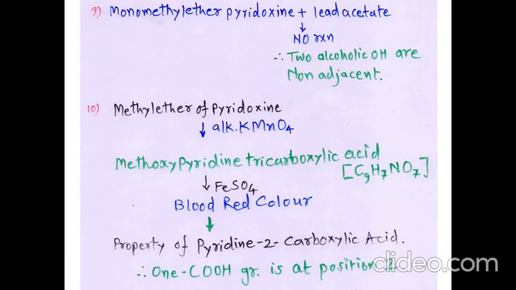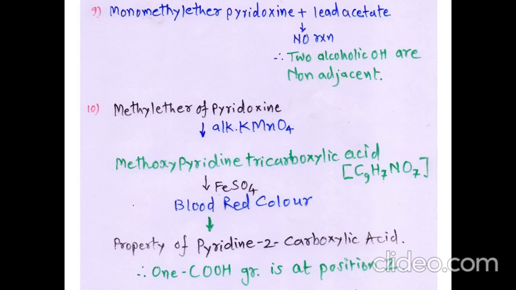The monomethyl ether derivative of pyridoxine, when you allow it to react with lead acetate, no reaction occurs. That means the 2 alcoholic OH groups are not on adjacent positions. Friends, listen to me. The positions of the 2 alcoholic OH groups: OH, CH2, then there is one carbon of the ring structure, goes to one more, the 5th carbon of the ring structure, then there is a CH2OH. So they are separated by CH2OH, CH2OH plus 2 carbons of the ring structure.